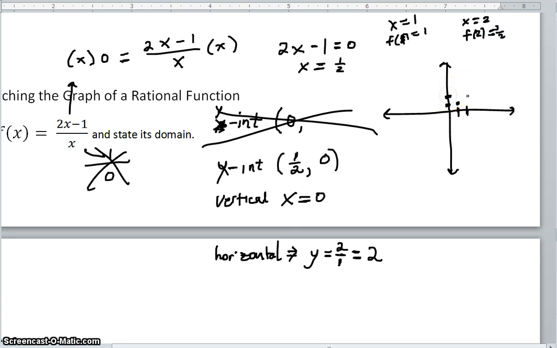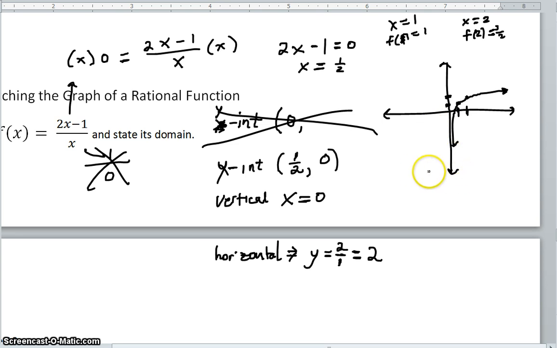So what you're going to start to see is it's going to start to curve up like this. And then this direction is going to start to curve down. And then this acts as an asymptote, or a barrier that it can't cross.